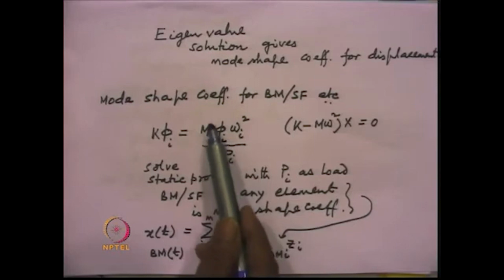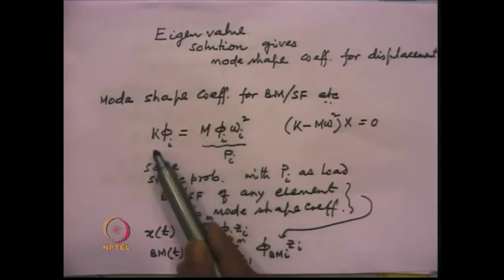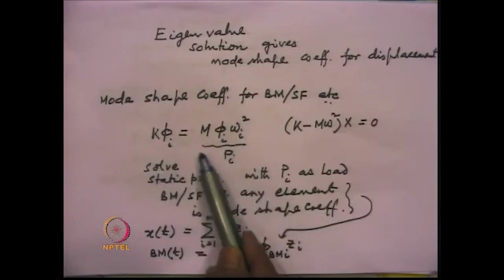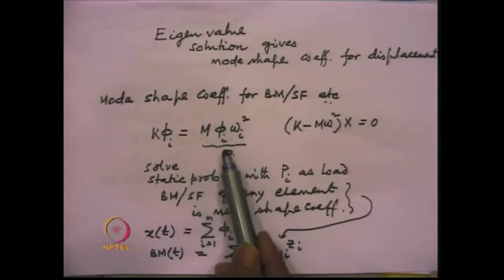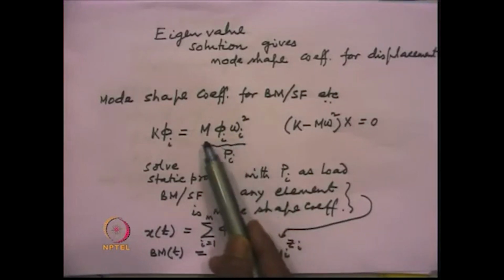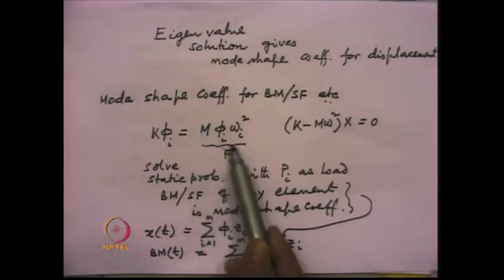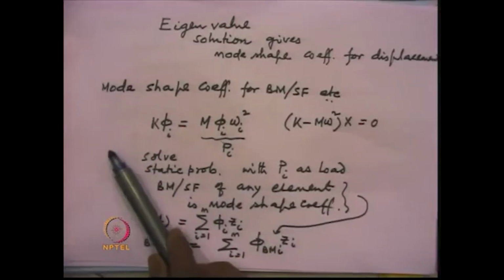So, we have a static matrix equation, which we can write as k phi is equal to Pi, and Pi is known because the mode shape is known, omega i is known, and we multiply it by the M matrix. So, we get the value of Pi. So, Pi is known.